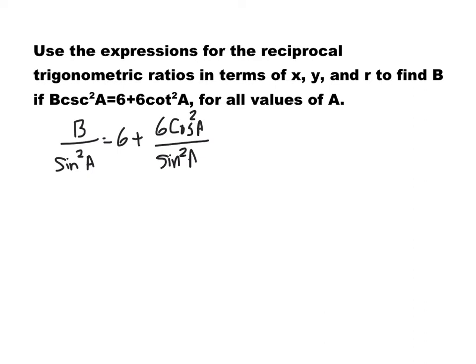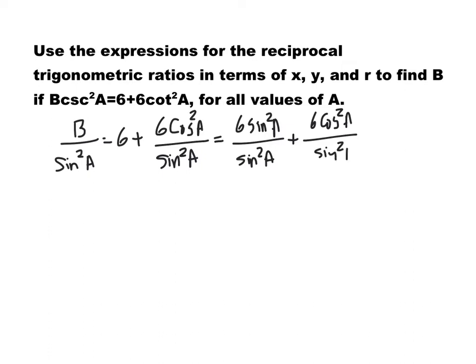To add the two fractions, I multiply 6 by sine squared a divided by sine squared a, so I get 6 sine squared a over sine squared a plus 6 cos squared a over sine squared a.